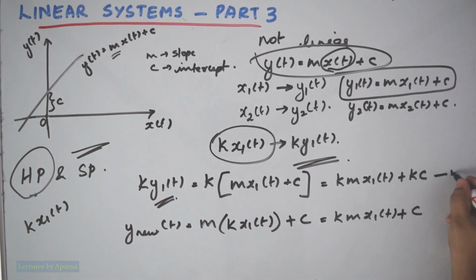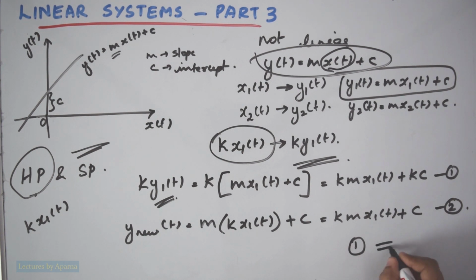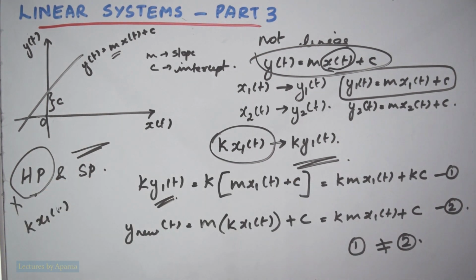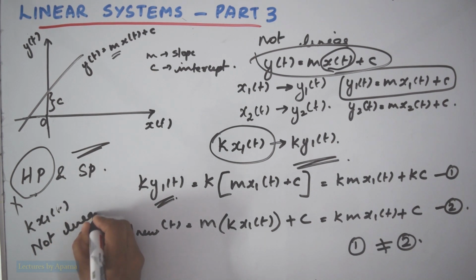So equation 1, equation 2. We can find that equation 1 is not equal to equation 2, which means that the homogeneity property is not satisfied, and hence this system is not linear.